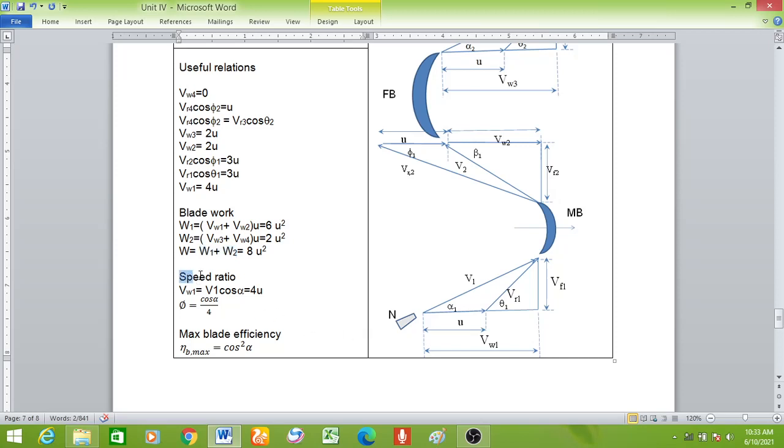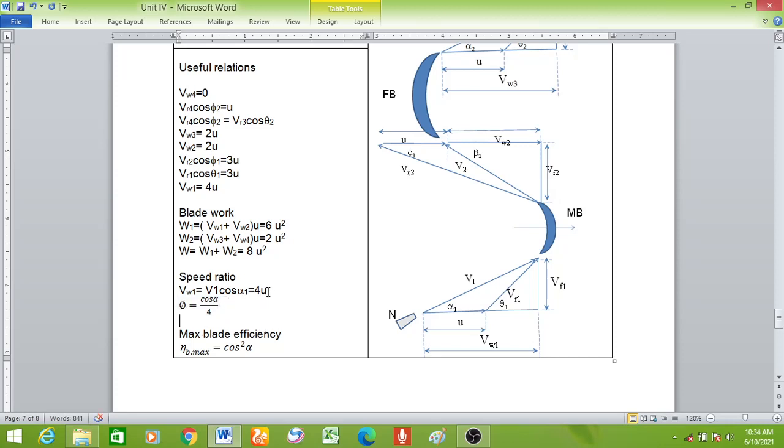And if you want to find the optimum speed ratio, the speed ratio, you know, is the ratio between blade speed and the velocity of the fluid at inlet, that is U by V1. For that I have taken the whirl component at inlet to the first set of moving blade, which is V1 cos alpha1. Already we have Vw1 equal to 4 times U. So Vw1 is equal to V1 cos alpha1.